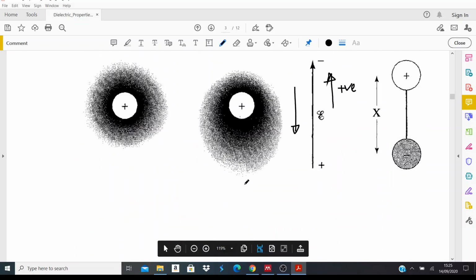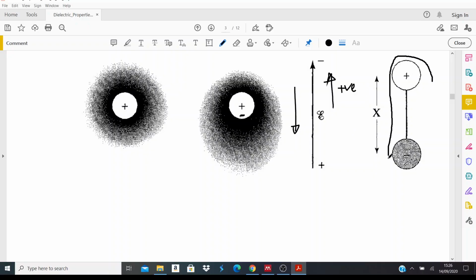I will explain it later, but the center of negative charges is not on top of the plus now, because the charges are distorted. So we have some center of gravity for the minus charges. It is as though we have a dipole here, right? Some plus charge and some minus charge, separated by some distance, let's say x.